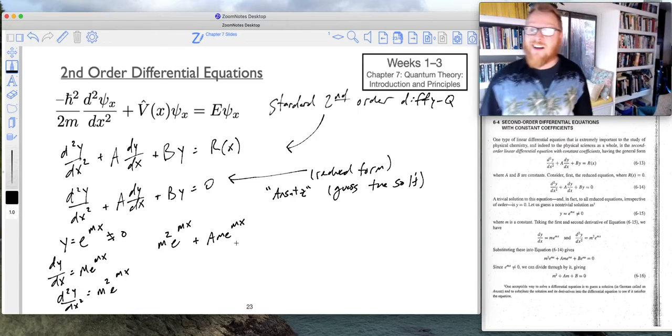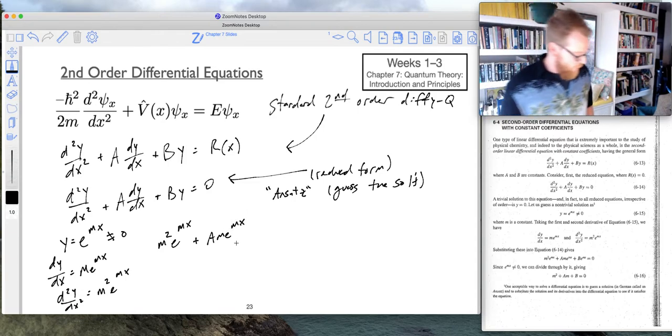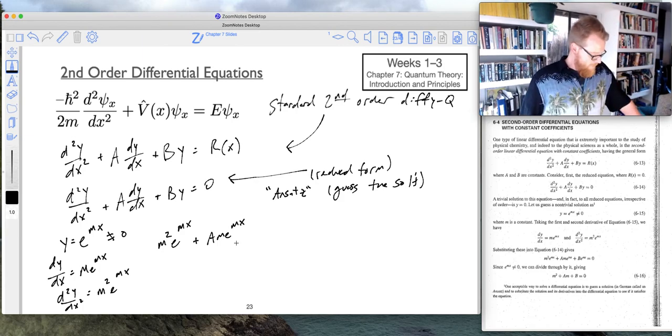As you can see, we've got a couple of constants we're going to have to figure out. And then we also have this other constant, b, times our guess solution, y, e to the mx. And from our reduced form, this all equals 0.